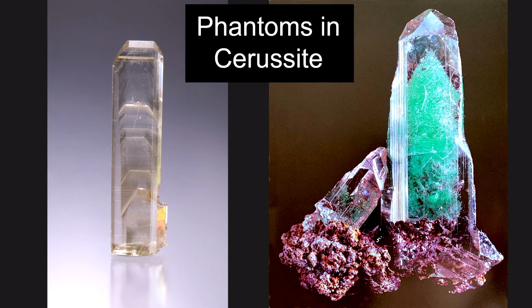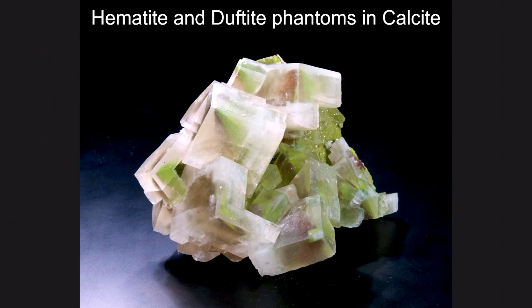The example on the right, there was malachite deposited on the cerussite, and then the cerussite resumed growing with a clear colorless cerussite on top of the malachite.